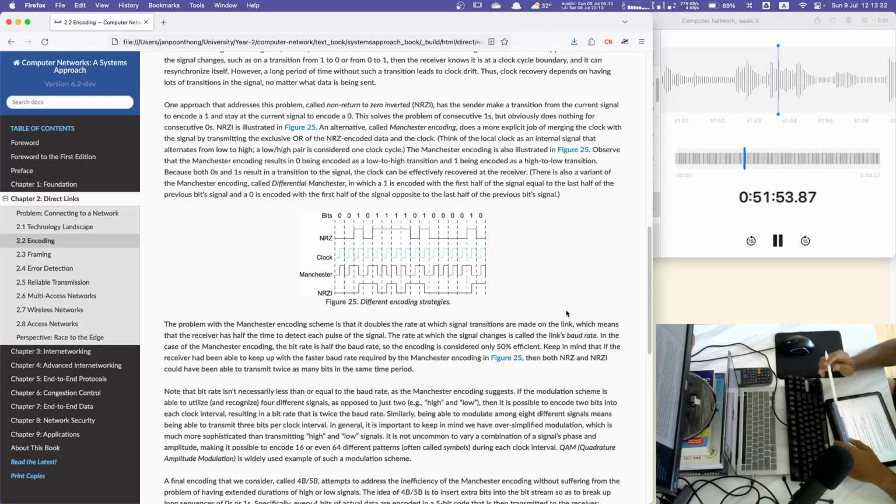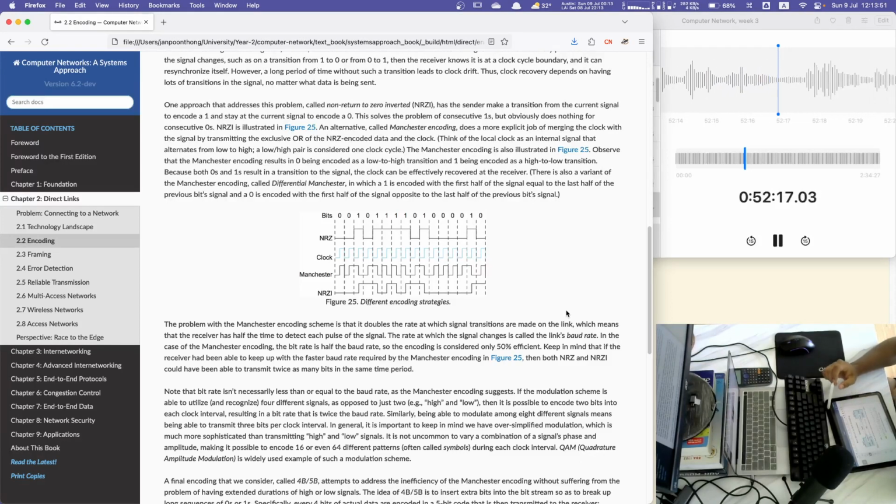Here you can see figure 2.3 showing how encoding and decoding is possible. You see, this is a sending computer, the sending node, and there is an adapter. It is the one that performs encoding and decoding. First encode, then send the encoded signal to the receiver.